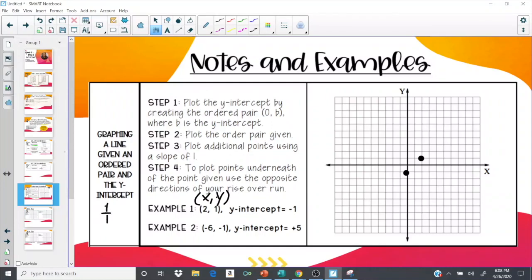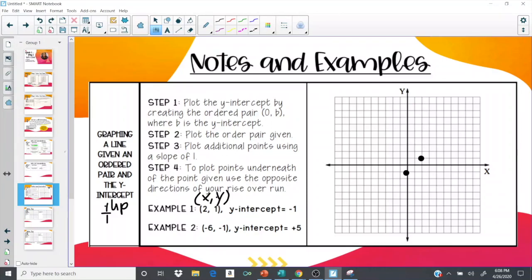Okay? So if +1 represents a change in y, that means your direction would be 1 up, because on the y-axis, the positive numbers are going up. Okay?